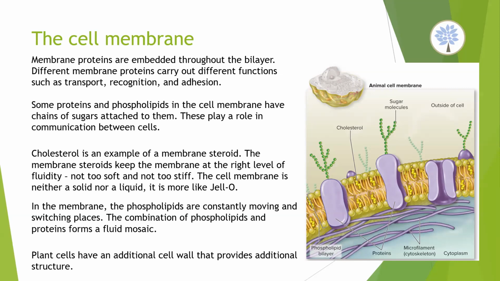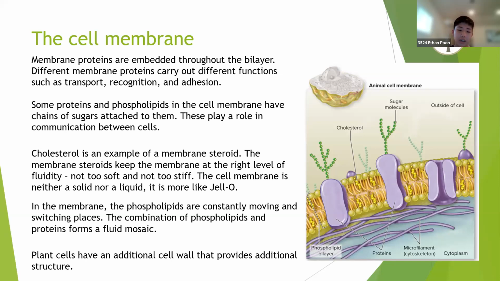Okay, so the phospholipids typically let in lipids, so basically fats, that kind of thing. And also they let in small non-polar molecules. If you know what that means, it's basically molecules like carbon dioxide, where the electrons in the atoms of the molecule are evenly dispersed.